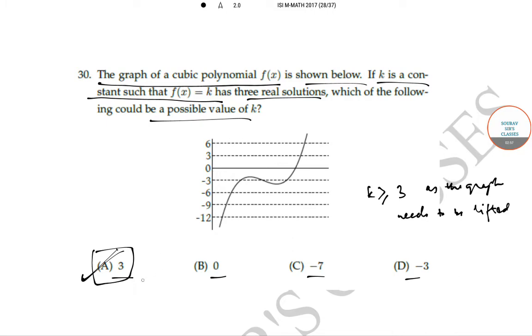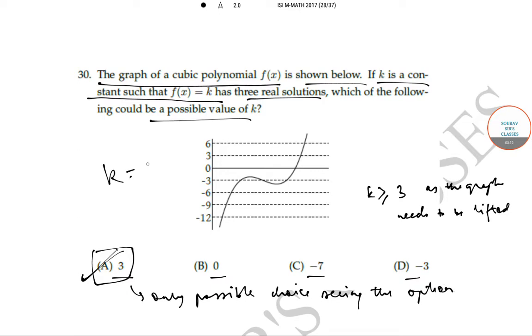Hence, seeing the options, this is the only possible choice. So the value of k is equal to 3, option A.